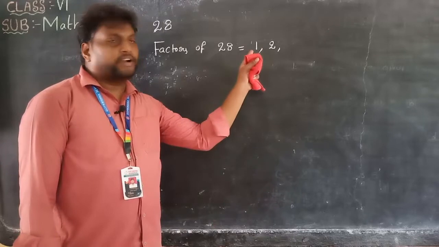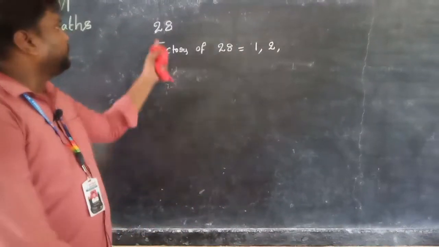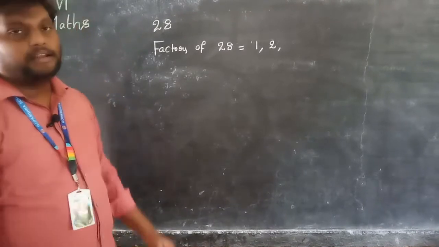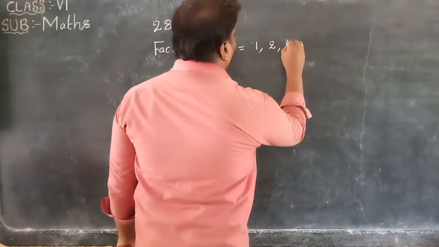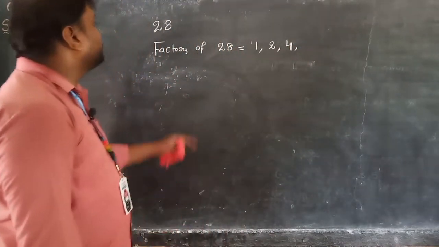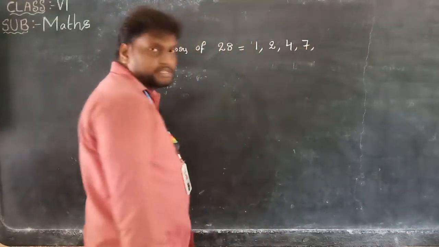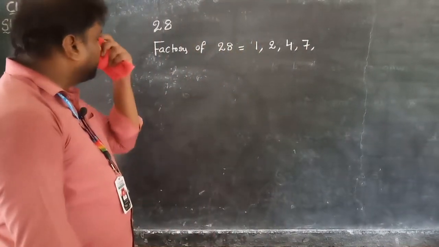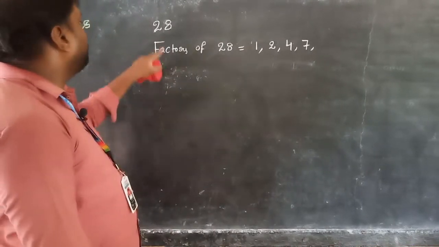All even numbers have the common factor 2. Next, the 3 table is not possible for 28. The 4 table, 4 7s are 28. It is not divisible by 5, or 6. 7, yes. 8 not possible, 9 not possible, and 10 also not possible.